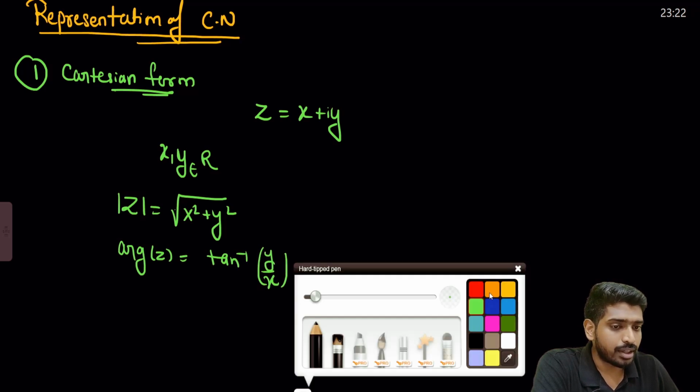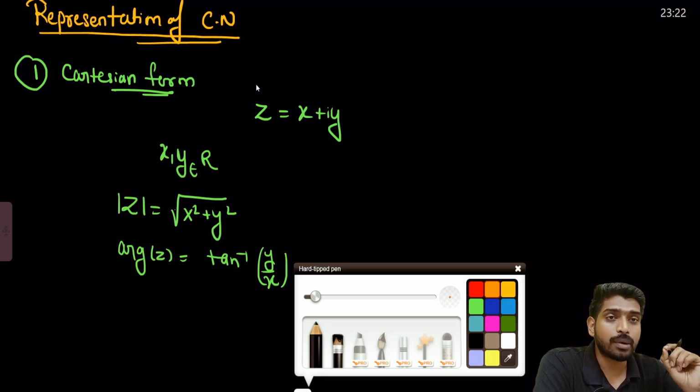Got it? Now next, we will use this form to represent a complex number when I am asked regarding a geometrical application or a locus based question.